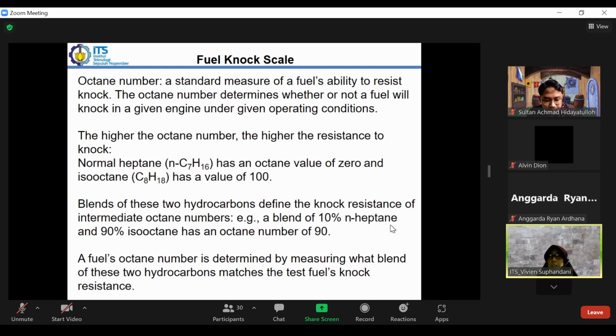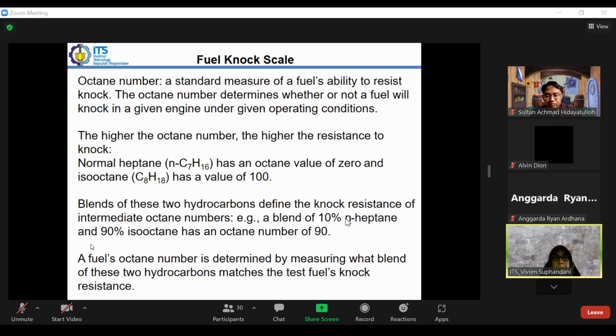In general, this will define the knock resistance of intermediate octane numbers. For example, if we have a composition of 10% N-heptane and 90% isooctane, the octane number will be 90.